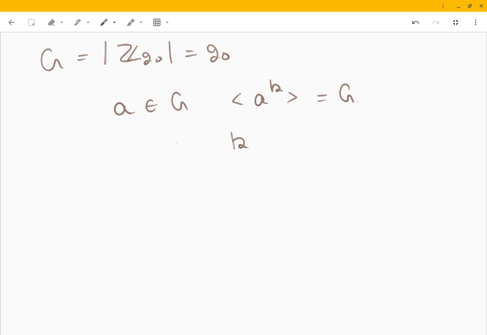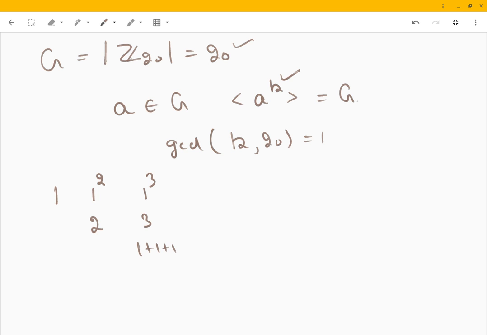When will this happen? When the GCD of K and 20 is 1. That means when K is co-prime to 20. What this means is that, let's take A as 1. So what are the powers of 1? Powers as in, 1 squared will be 2, 1 cubed will be 3, because it is 1 plus 1 plus 1. Remember, the operation on this group is addition.